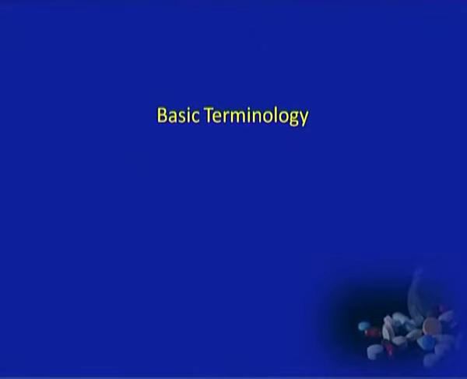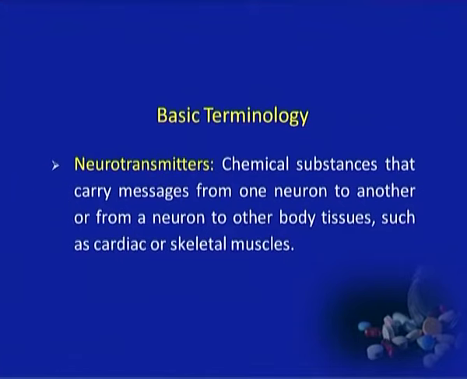Let us discuss what neurotransmitters are. A neurotransmitter is a chemical substance that carries messages from one neuron to another or from a neuron to other body tissues such as cardiac or skeletal muscles.